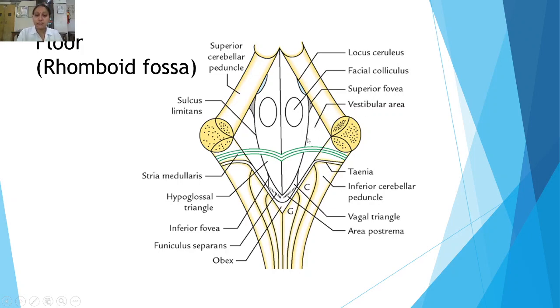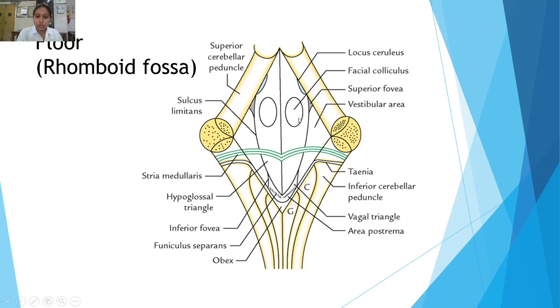Vestibular area is present in the pons as well as medulla. This vestibular area overlies the vestibular nuclei, the nuclei of the 8th cranial nerve, vestibulocochlear. So this area extends in pons as well as medulla, lateral to sulcus limitans.